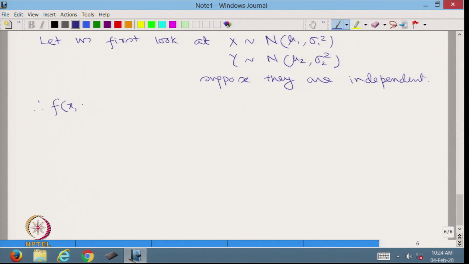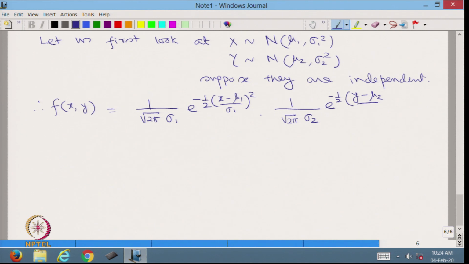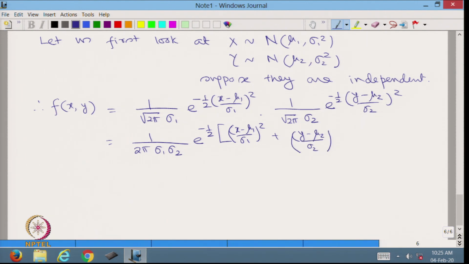Therefore, f x y we know is going to be 1 over root over 2 pi sigma 1 e to the power minus half x minus mu 1 upon sigma 1 whole square, multiplied by 1 over root over 2 pi sigma 2 e to the power minus half y minus mu 2 upon sigma 2 whole square, which we can write as 1 over 2 pi sigma 1 sigma 2 e to the power minus half into x minus mu 1 upon sigma 1 whole square plus y minus mu 2 upon sigma 2 whole square.